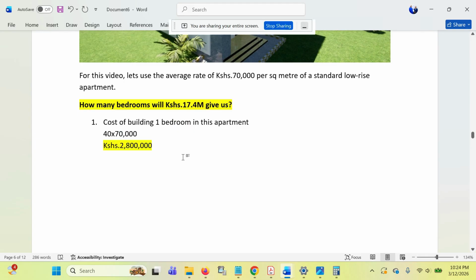So this will be 40 times 70,000, which gives us Kenya shillings 2.8 million. So one unit would give us this.